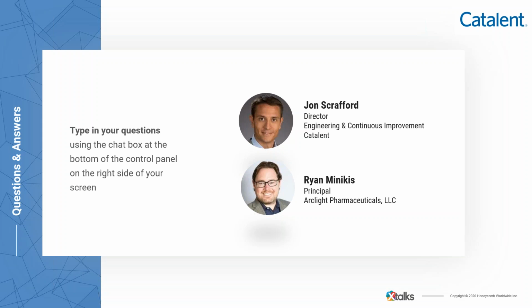Based on my experience, it's unlikely that you are going to run a spray drying process that is going to achieve the ICH limits of solvents, as John showed in one of his slides, straight out of the spray dryer. It's much more likely that you're going to require secondary drying.